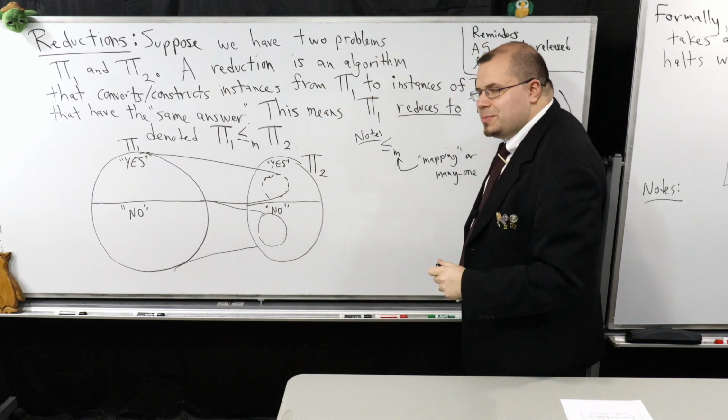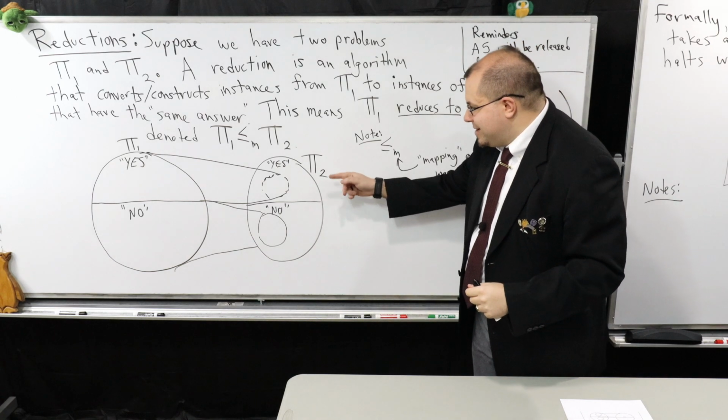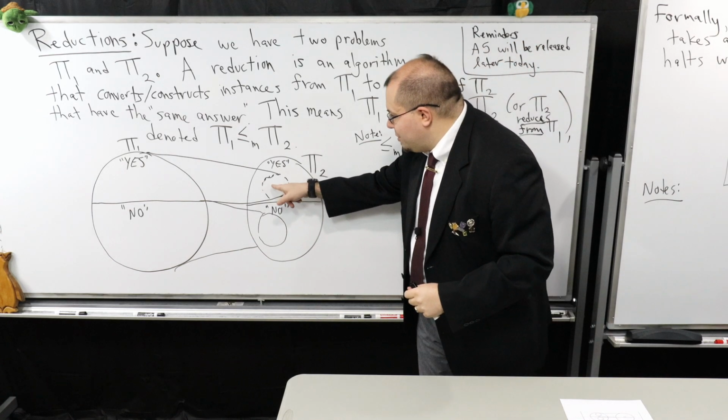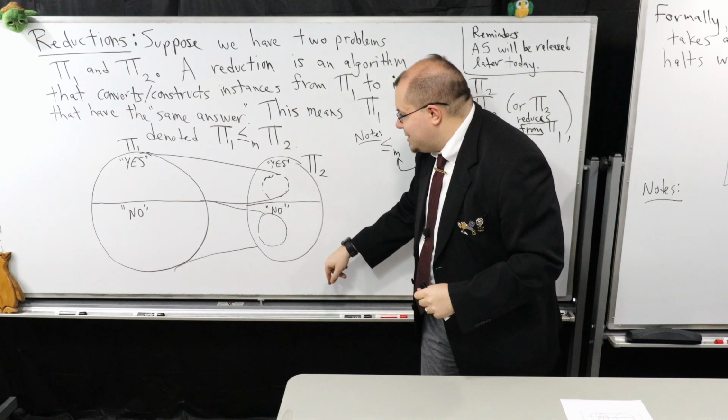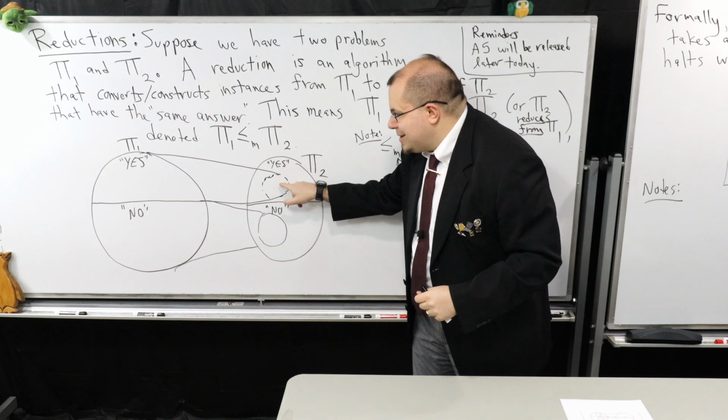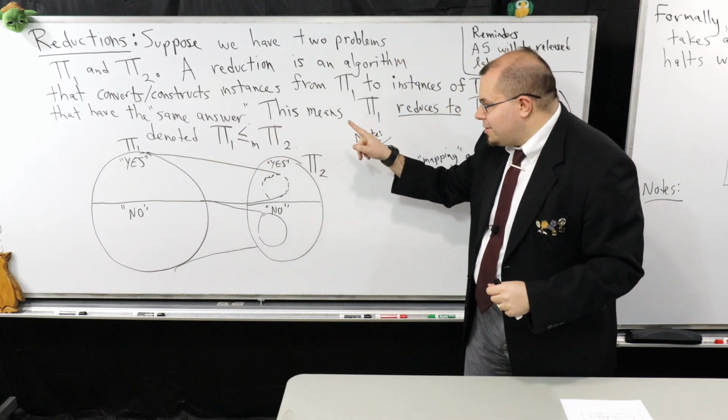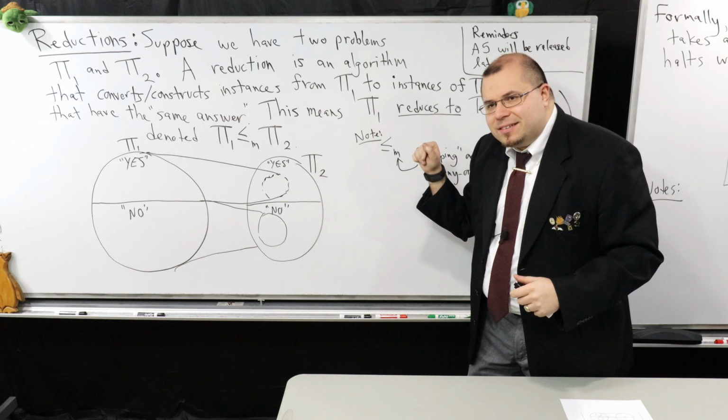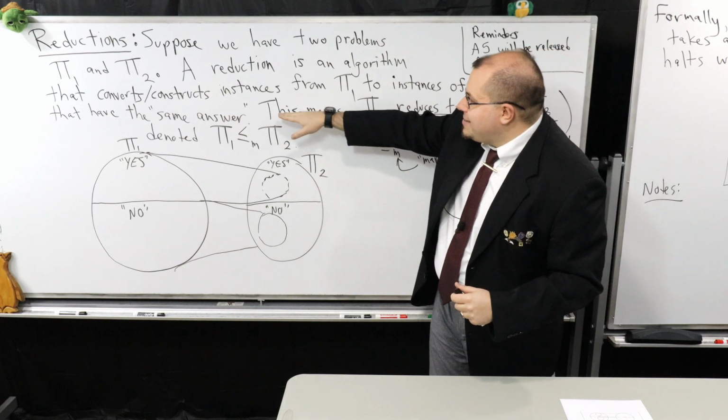It may not necessarily be any one matching instance in pi2, but it'll convert it to some instance of pi2, either a yes in here. So if there's a yes instance here, it'll match as a yes instance here. That's what I mean by same answer.